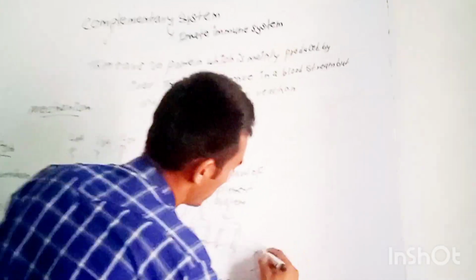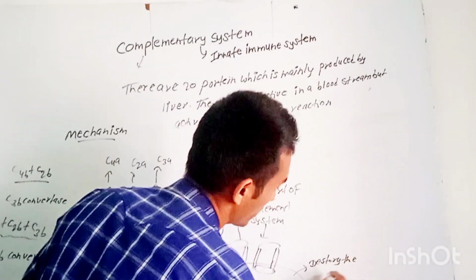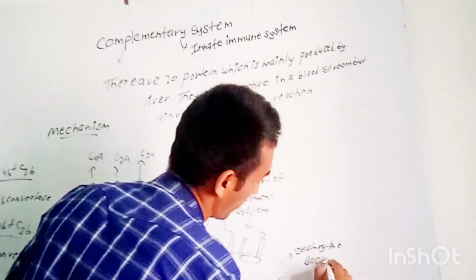This is the terminal part of the complement system, which can create a hole in the bacterial membrane and destroy the bacteria by this method.